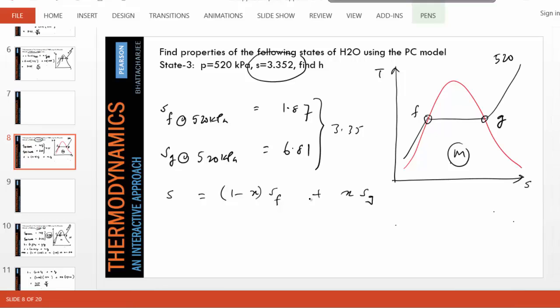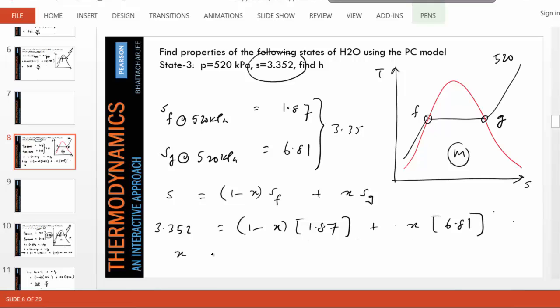So now here we know S is given, 3.352. Quality is the one we are after. SF is 1.87. So there is only one equation and one unknown. Solving, you can show that X becomes equal to 0.3 again, because that's the problem we began with really.